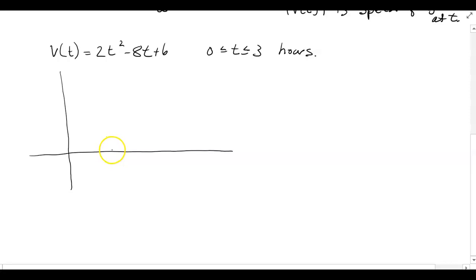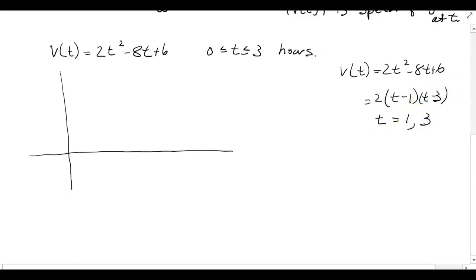If you go ahead and factor it, you will see you can pull out a 2 and factor what's remaining. You get t minus 1, t minus 3. So your zeros are at 1 and 3.